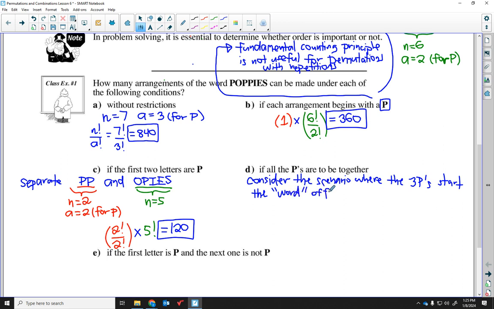I say word in quotation marks because depending on where the placement of the letters are, the word can be total gibberish. Okay, so we're going to separate like this. Now, this is only one scenario, so we're going to have to look at the other scenarios in a moment. So what I'm going to do is take all 3 of the P's and pull them out of the rest of the word poppies. So we're going to separate P, P, and P, and pull that away from the word poppies, which is just going to leave me with O, I, E, and then S.